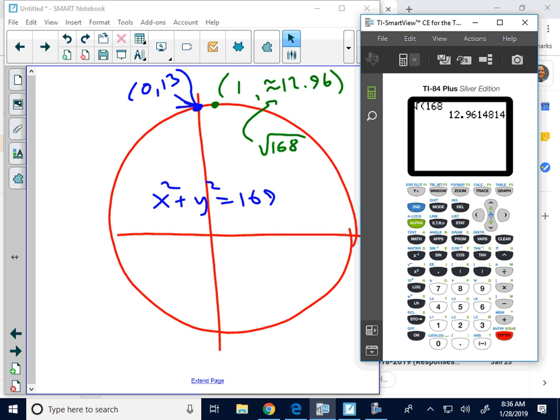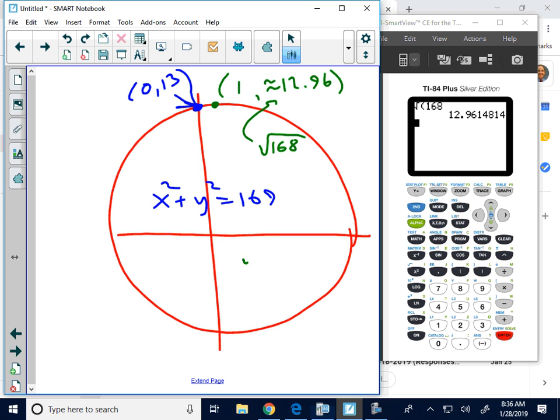Okay, so hopefully you know how to solve for y in that equation. By the by, when you took the root, technically you got y is equal to plus or minus the square root of 168. And this one's obviously positive. Where's the negative one? Where would that point correspond? Okay, bottom. What do you mean bottom?